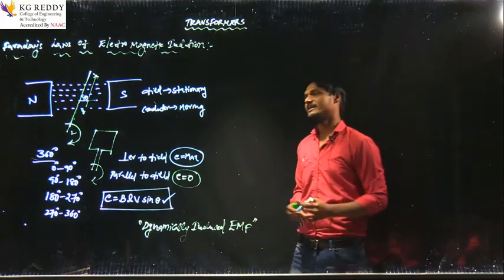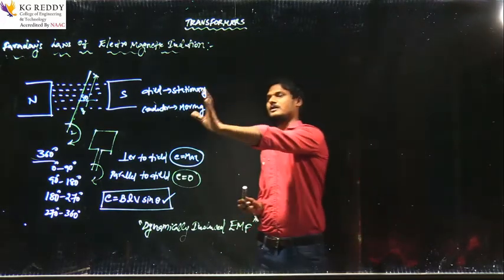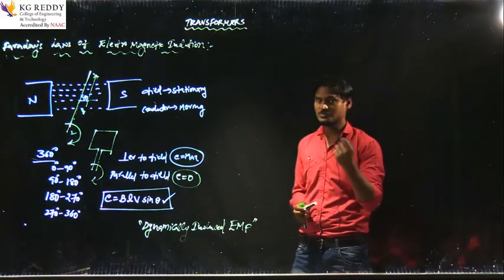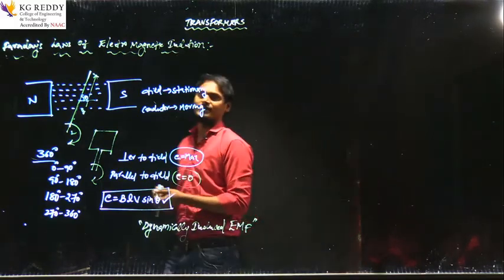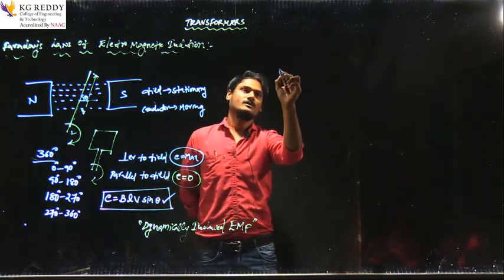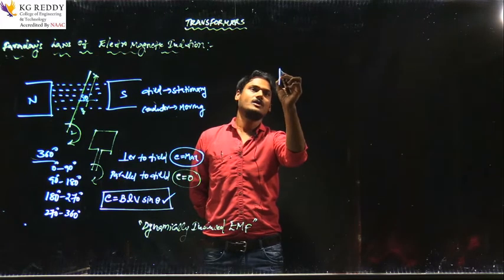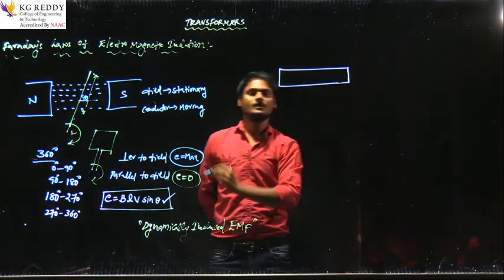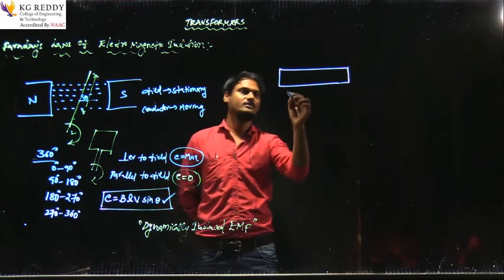Now, I said that now I am going to place the conductors as stationary and the field has to move. Okay. Now, for that condition we are going to take one iron piece. Okay. I am going to consider one iron piece here.